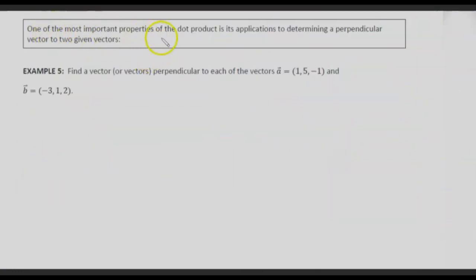So one of the most important properties of the dot product is its application to determining a vector perpendicular to two given vectors.